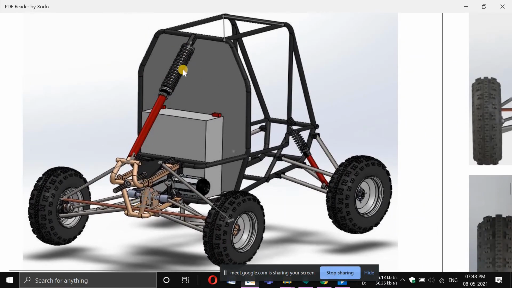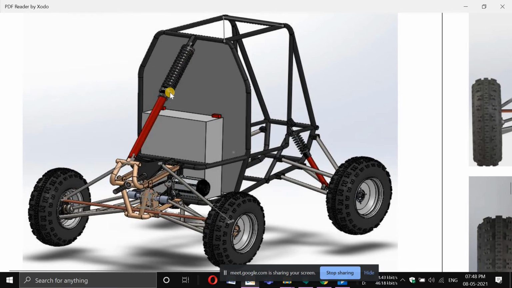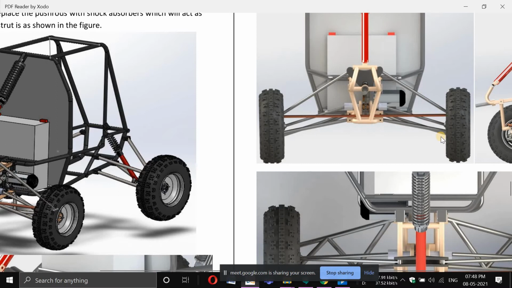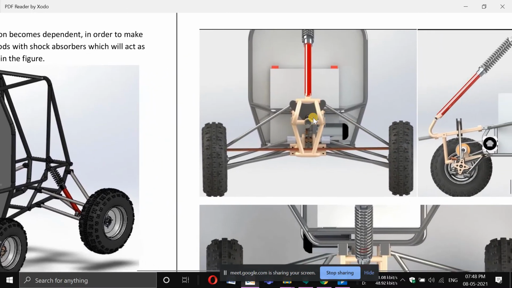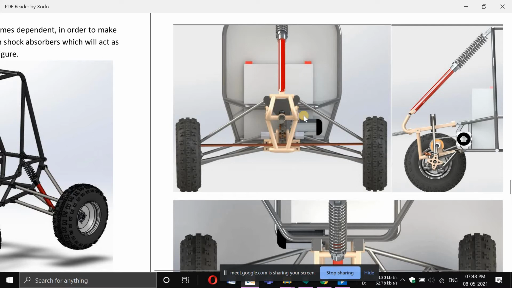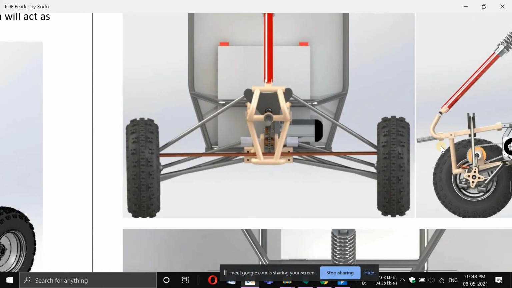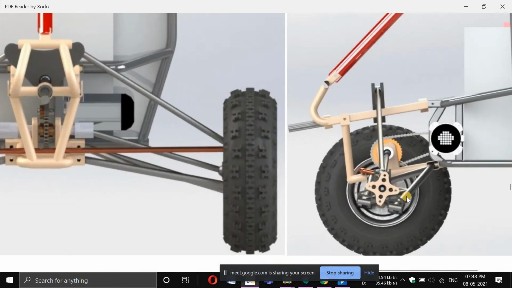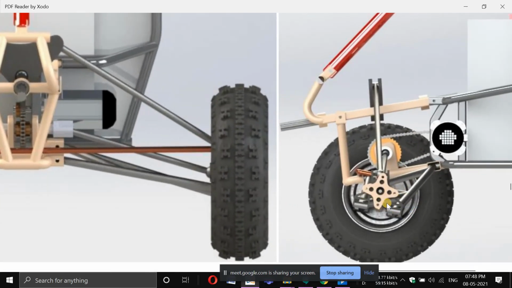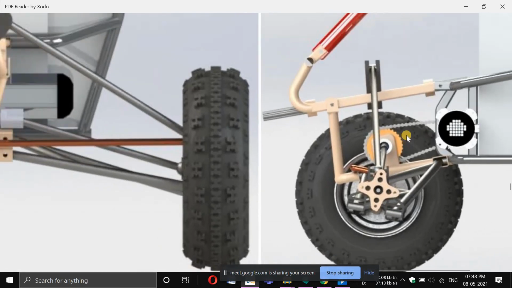Whenever a bump occurs, this spring and damper, this whole strut, would collapse and energy is stored, and then it regains its shape, that is, it expands upon removal of the bump forces, the upward forces. These are the different views, rendered images. This is the chain, and in the side view I have removed one of the tires so that the internal assembly is visible.